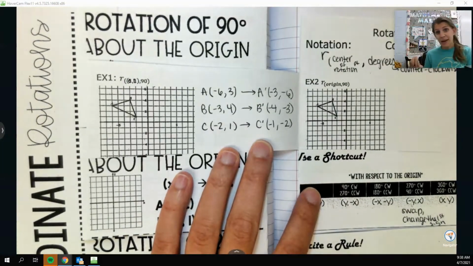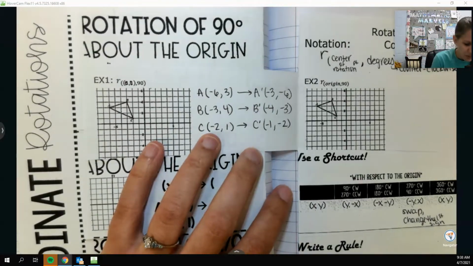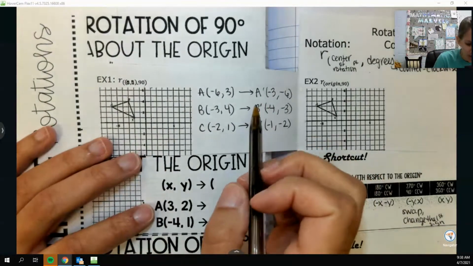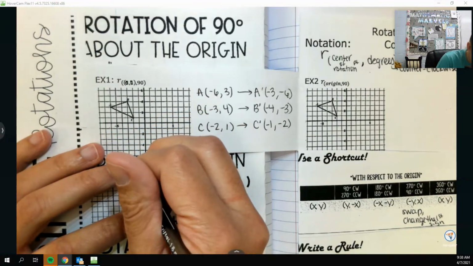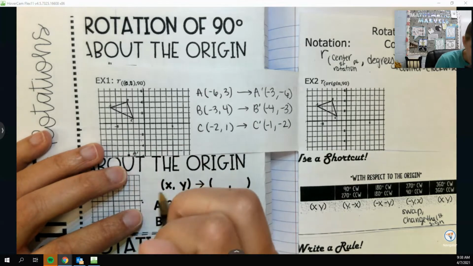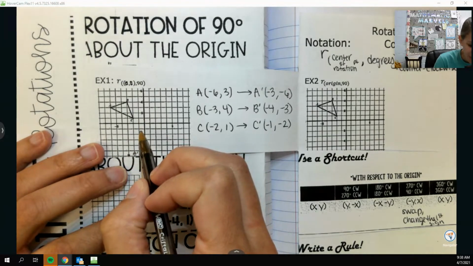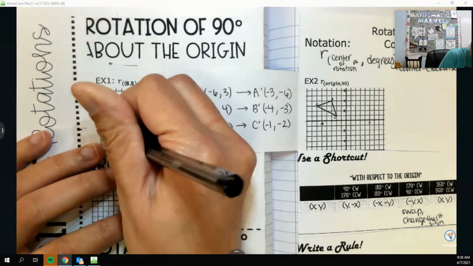That's the way I kind of think about it so that I can do it all in one. And then I would want to go plot those points. So when I plot A prime, we're going to go to -3, -6, which just barely fits. B prime is at -4, -3.